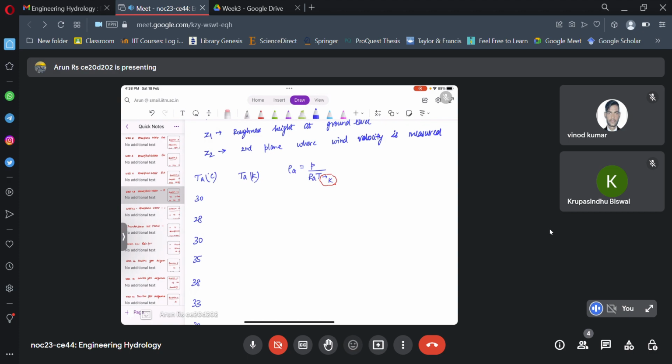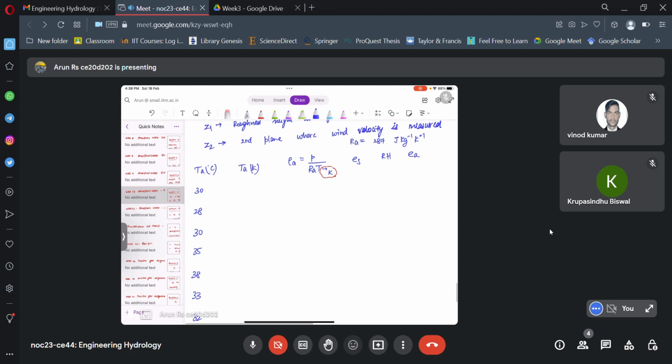And Ra is the gas constant, that is 287 joule per kg per Kelvin. Then we need to compute saturation vapor pressure. Relative humidity is given in the question. Then once we get these two, we can compute the vapor pressure of the air. So these are the terms that we want.